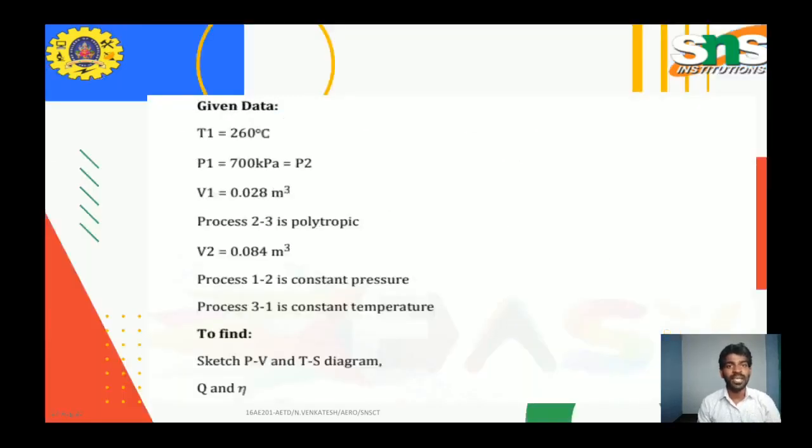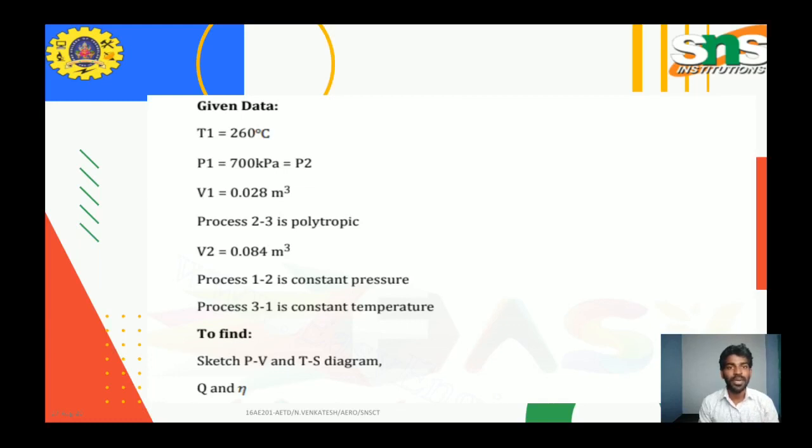So this is the given data from the problem. The temperature at the inlet section is T1 equal to 260 degrees Celsius. The pressure at the inlet section is P1 equal to 700 kilopascal. It is the same for P2 because of constant pressure.